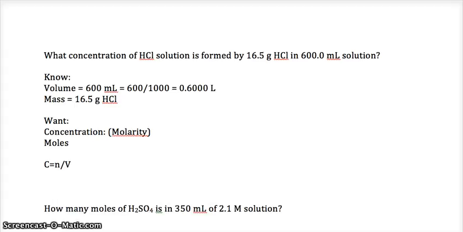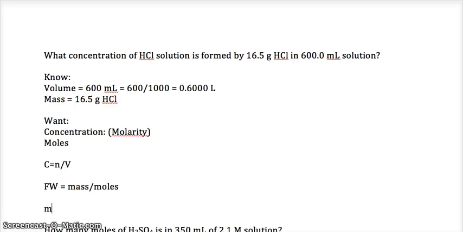We also know that the formula weight is equal to the mass over the number of moles. In this case we're looking for the number of moles. So we reorganize this, and we can say the number of moles is equal to the mass divided by the formula weight. And we will call up the trusty calculator.